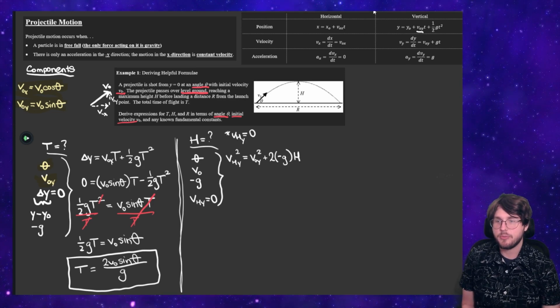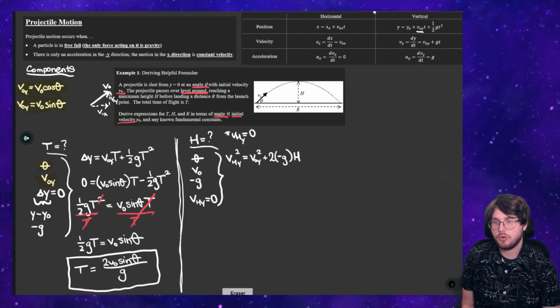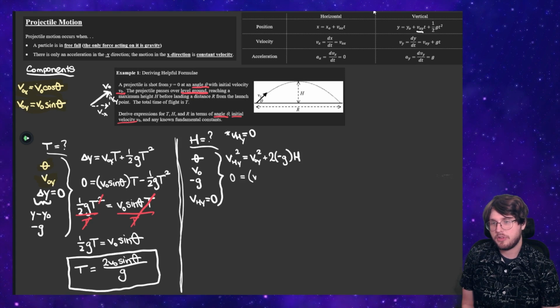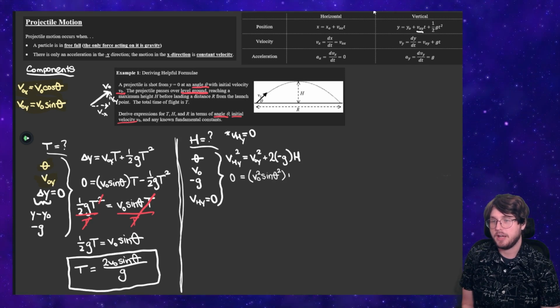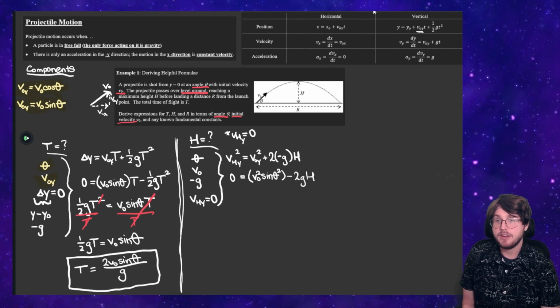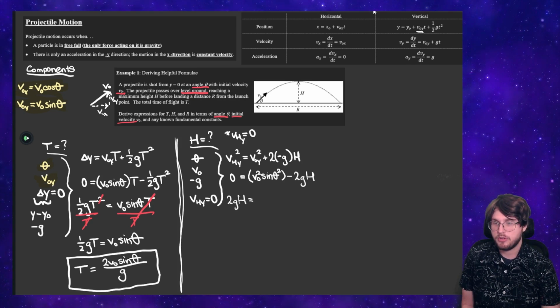And in this case, we have a little bit more substitution we need to do. We're going to say 0 equals, this is going to become v naught squared times sine theta squared minus 2 times g times big H. Now, again, we're going to subtract 2gH over to the other side, and we'll get 2 times g times H equals v naught squared times sine theta squared.